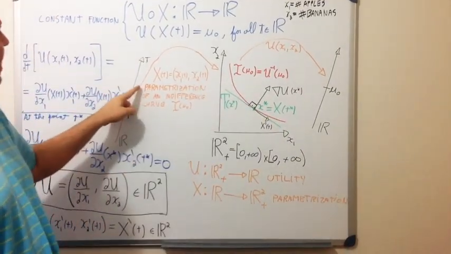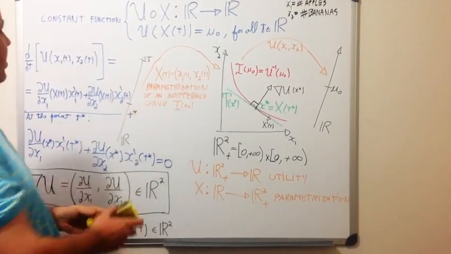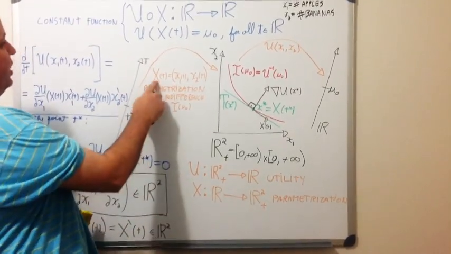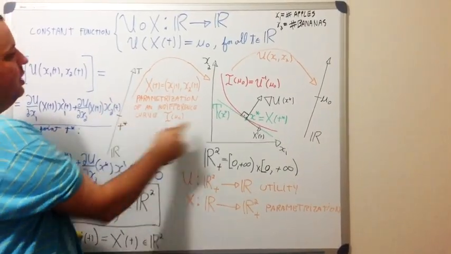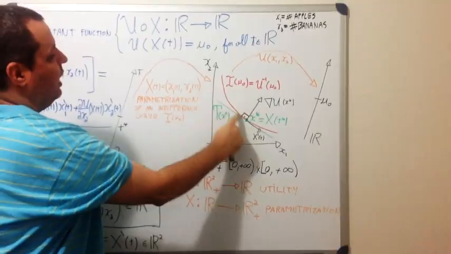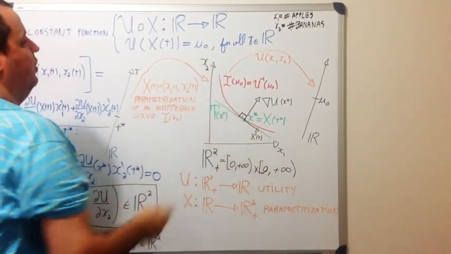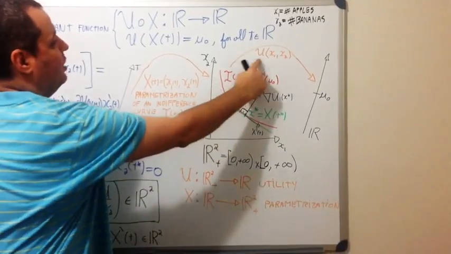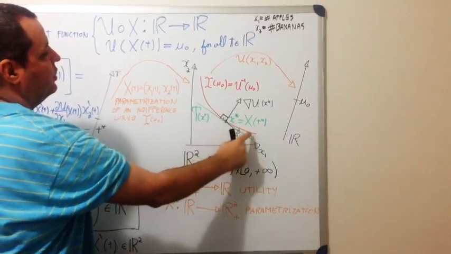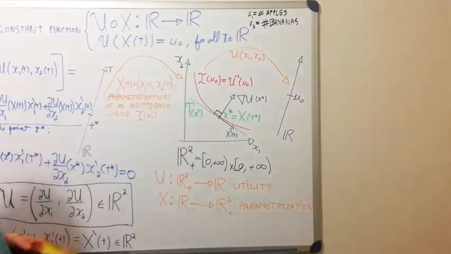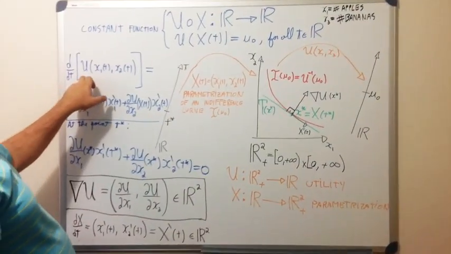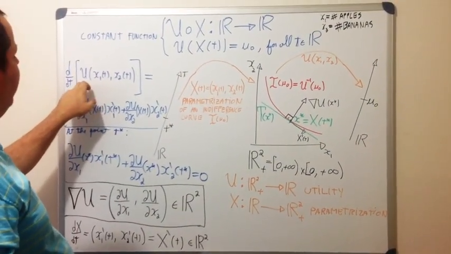So that's why this is a parametrization of the indifference curve, because we are constructing a function X with this property that as we move along t, we are moving along this red line, the indifference curve. Okay? So then, when you apply the utility to any point of the indifference curve, you get the same level of utility, u0.